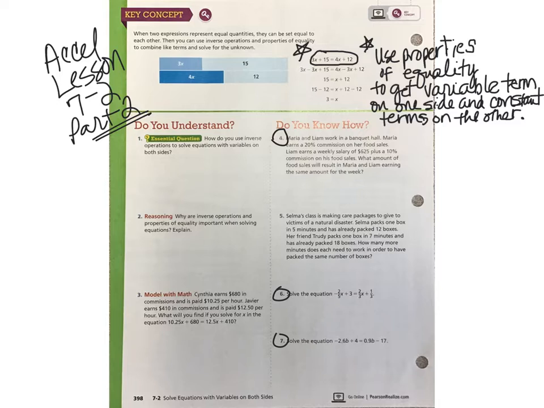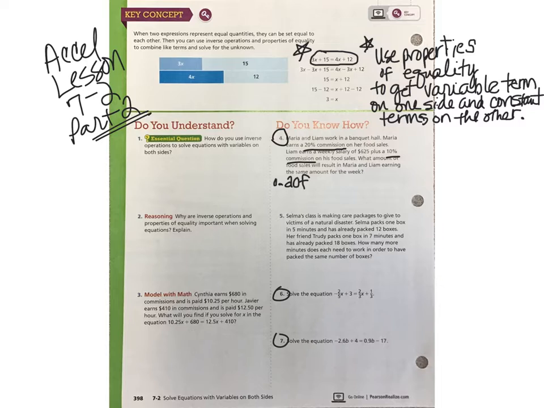All right, so let's begin at number 4. It says Maria and Liam work in a banquet hall. Maria earns 20% commission on her food sales, and Liam earns a weekly salary of $625 plus a 10% commission on his food sales. What amount of food sales will result in Maria and Liam earning the same amount for the week? So what we see here is that Maria earns 20% commission. So we're going to use the decimal form of that in her food sales.